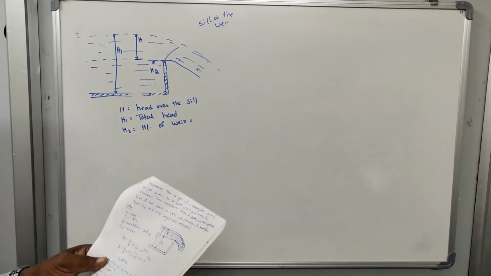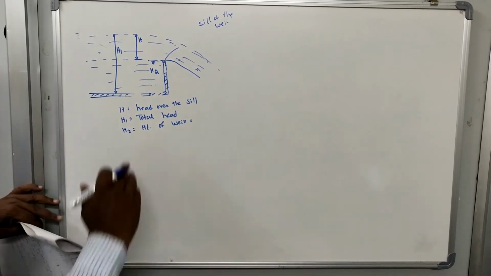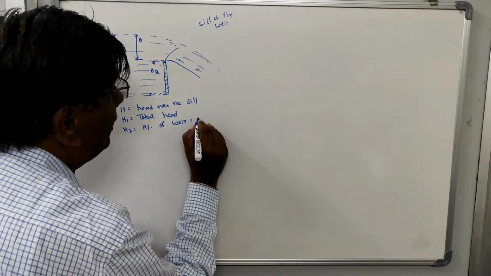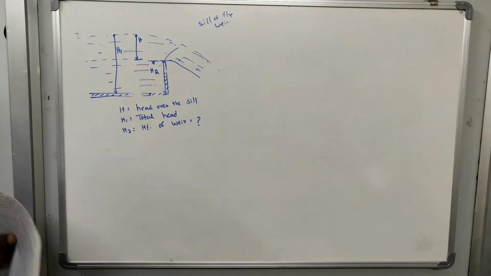According to the problem, you have to find the height of the rectangular weir. So H2 is the height of the rectangular weir. You have to find H2.